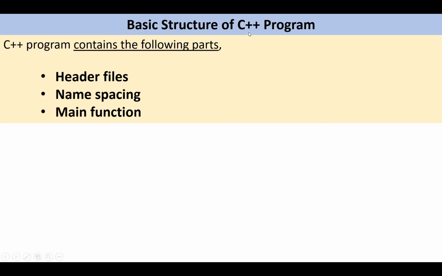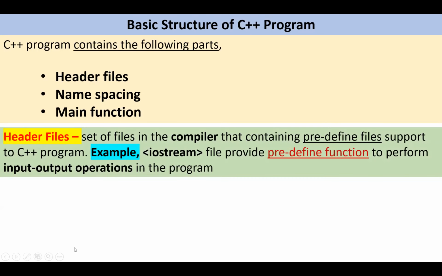Right, look at here, header files are explained. They contain a set of predefined files in the compiler that we have to use in our C++ program. One example of a header file is iostream. iostream is a predefined header file that provides the functions needed for input and output operations in our program.